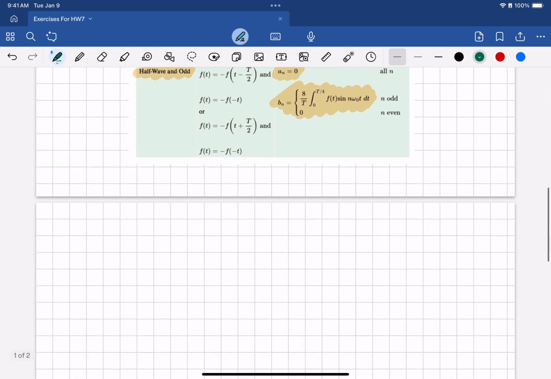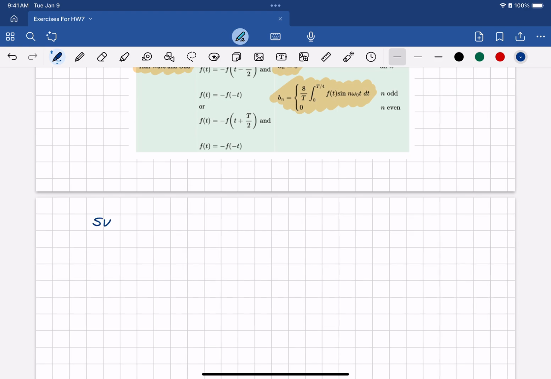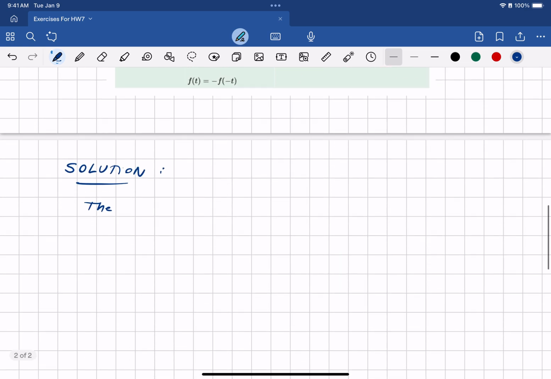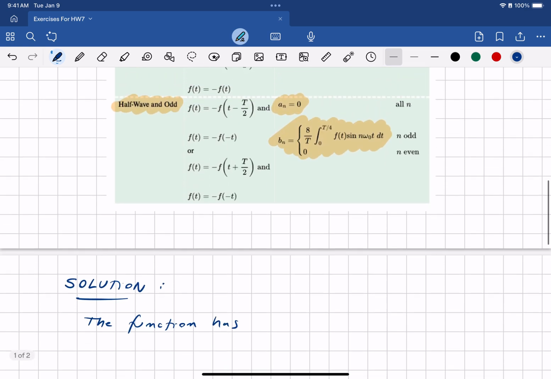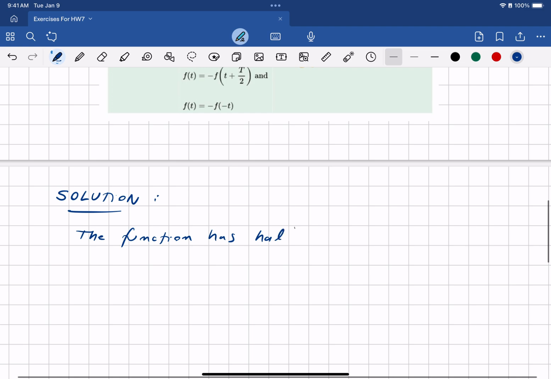So let's keep going, and now we can use the simplifications to calculate the solution. So we have here that the function has half wave and odd symmetry.